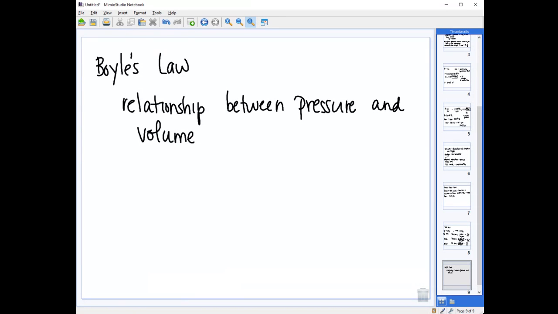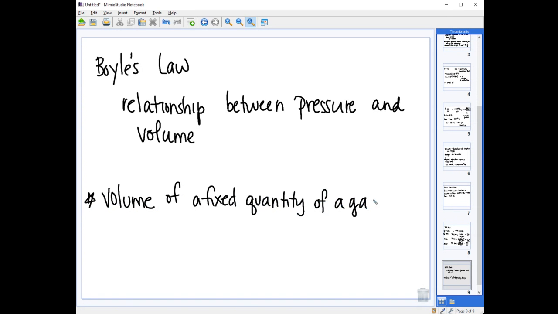And as we've seen already, gases expand and gases are compressible. Okay, and so that helps us define our relationship. Okay, so the volume, what he said, is that the volume of a fixed quantity of gas, so we're looking at the same amount, so 2 liters, for instance.